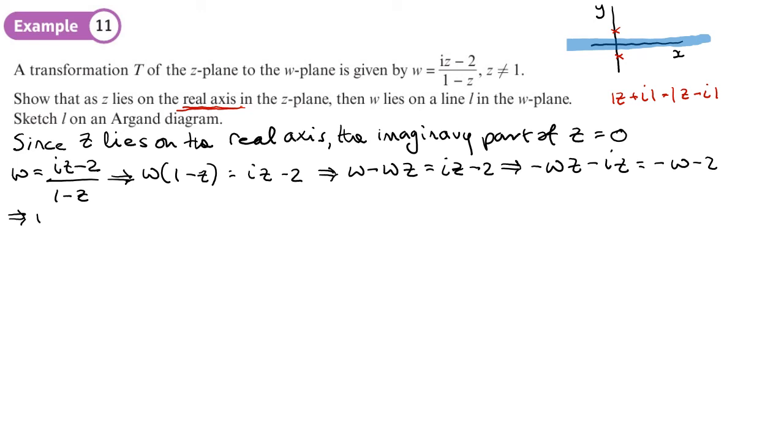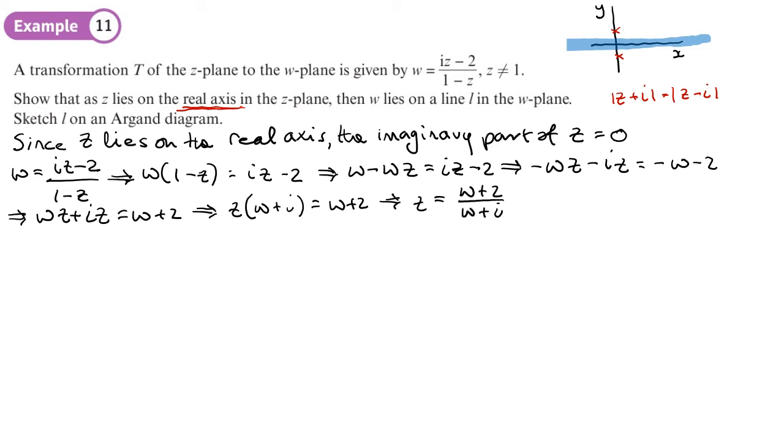So we'll have wz plus iz equals w plus 2. Let's factorize it. So we'll have z and then in brackets w plus i equals w plus 2, and then we can say, right, that z equals w plus 2 over w plus i.